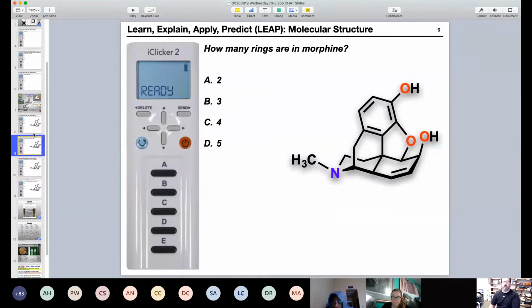Okay, so the next question is, how many rings do you see in morphine? Again, a ring is basically like a cyclic structure. I have a little model here. That would be considered a ring.